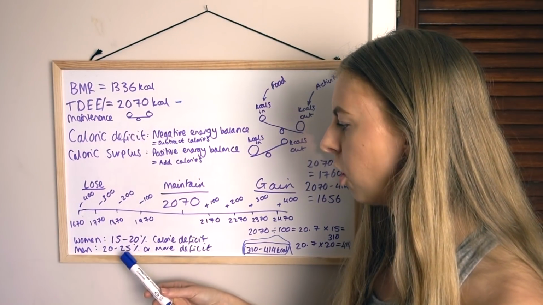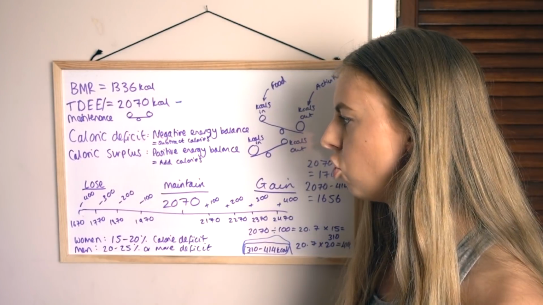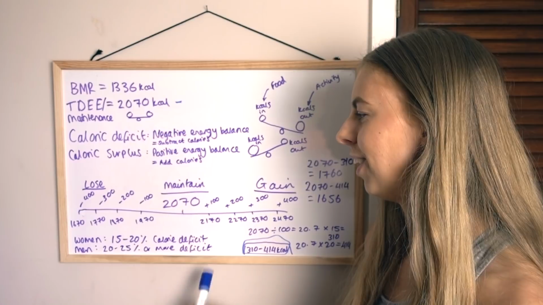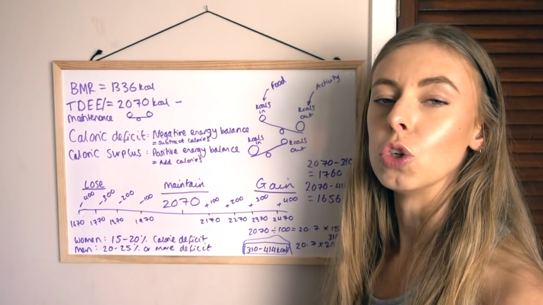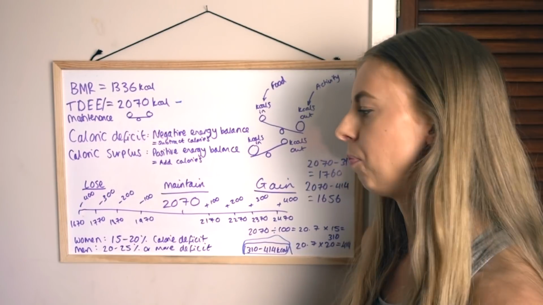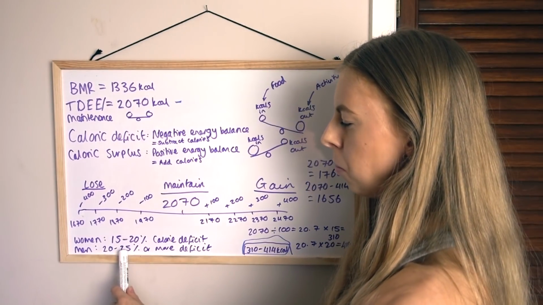So it may seem appetizing to just go for the highest percentage that I've recommended here, which is not what I'm recommending you do. I'm recommending slow and controlled calorie deficits over an extended period of time, because your mental willpower is not going to be very happy here.